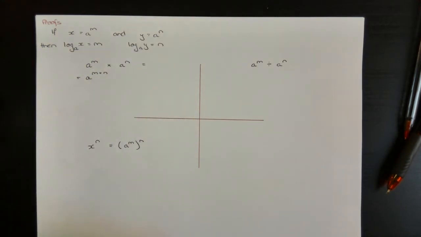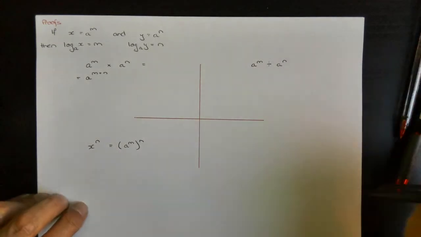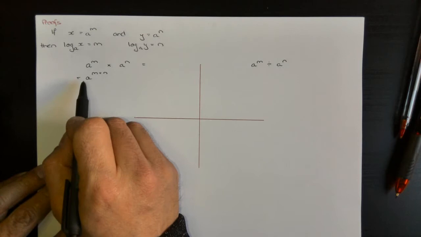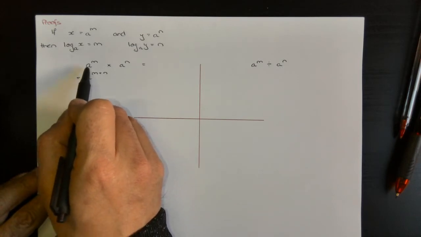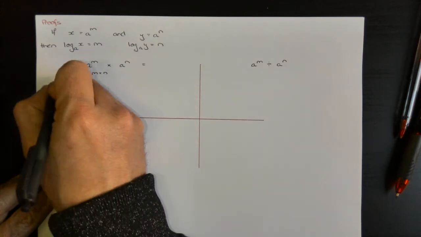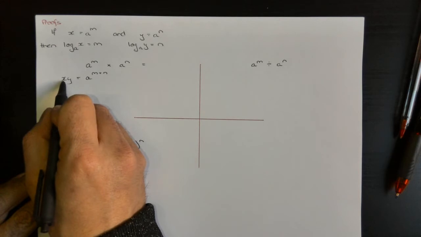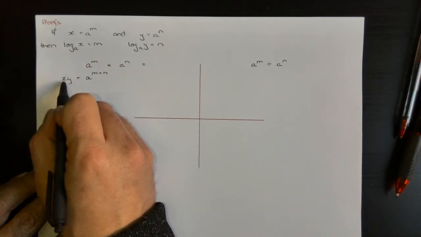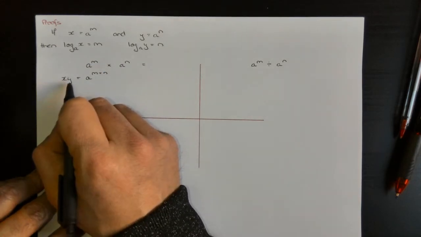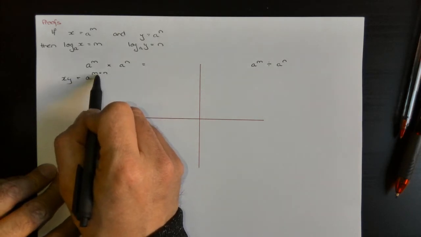Remember that this is actually equal to x times y, because a to the power of m was x, and a to the power of n was y. So xy is equal to a to the power of m plus n.